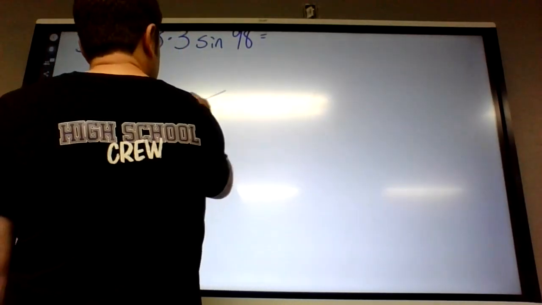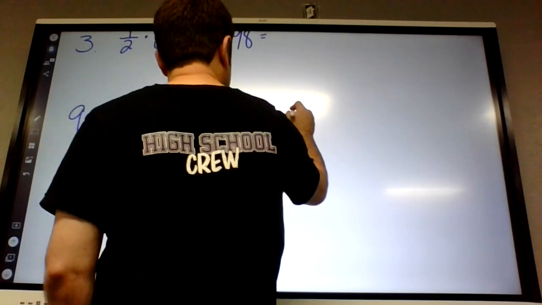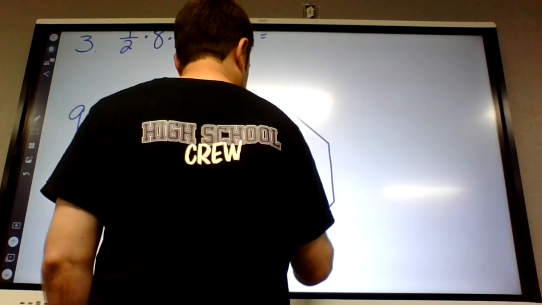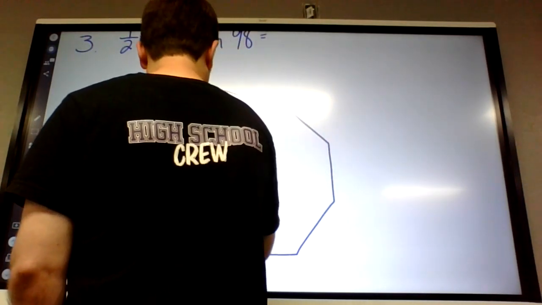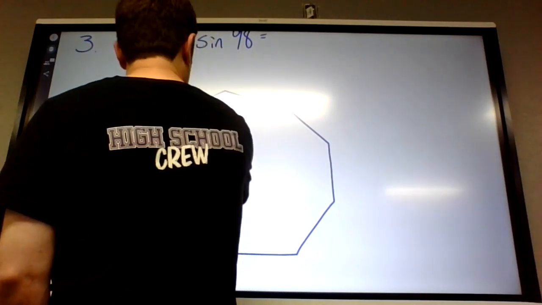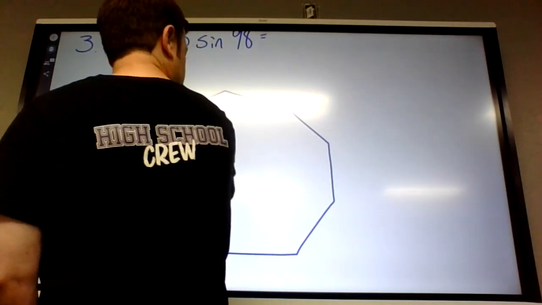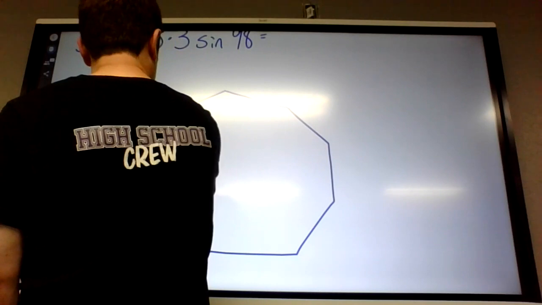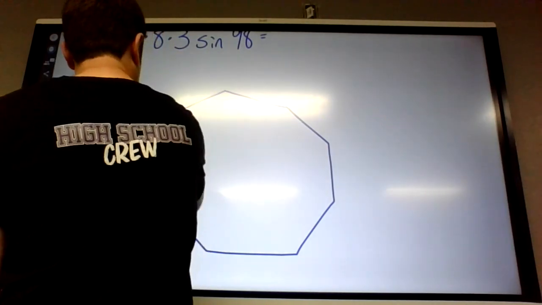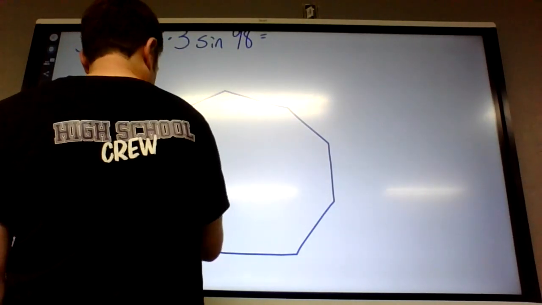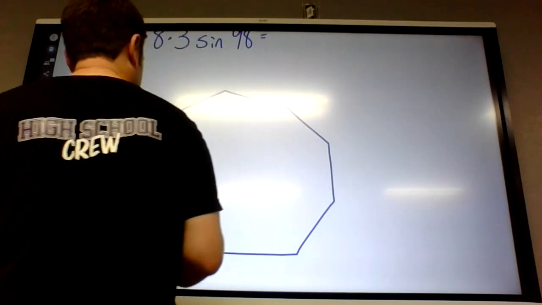Can you guys tell what shape number 9 is? Octagon? I don't think I got enough sides. No, it's a nonagon.